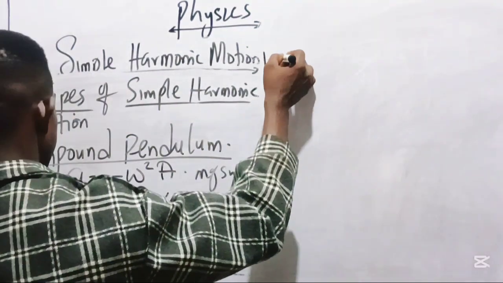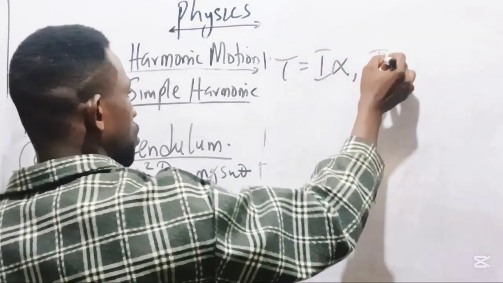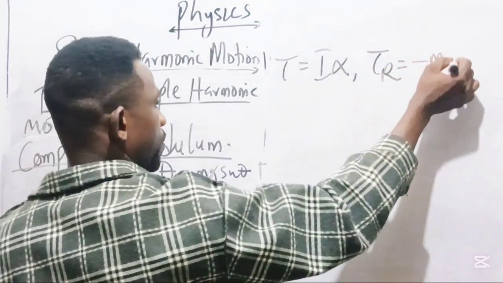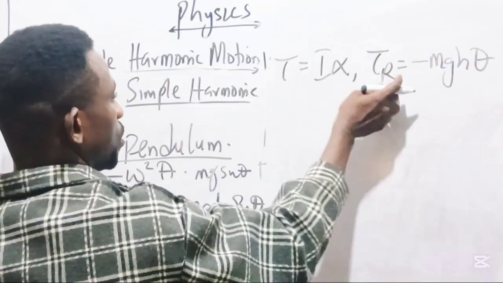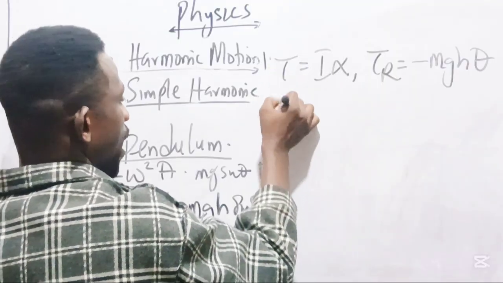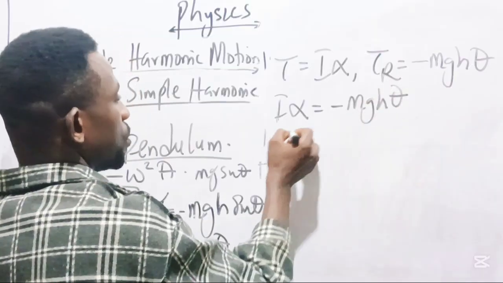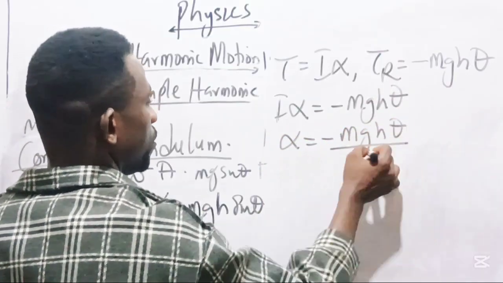So that our torque, which is equal to I alpha, then restoring torque will give us minus mgh theta. So I alpha is equal to minus mgh theta. So alpha is equal to minus mgh theta all over I.